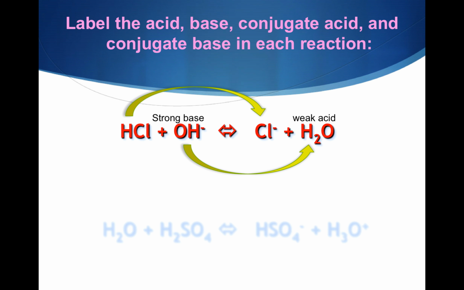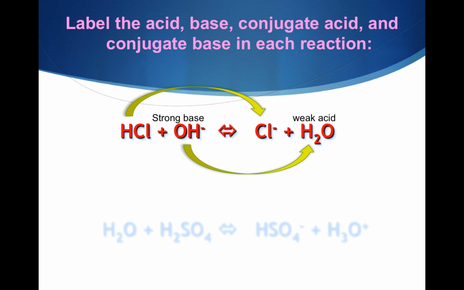In order for OH to become water, it must gain a proton. That means the OH negative ion, the hydroxide ion, is a base, which means water, on the other side of the arrow, is its conjugate acid.